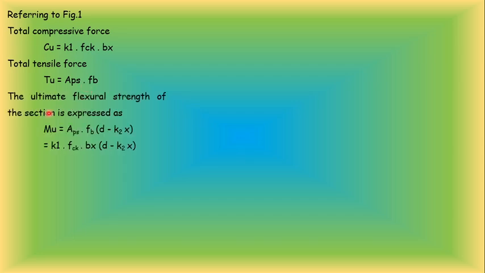Total tensile force Tu equals APS multiplied by FPB. The ultimate flexural strength of the section is expressed as Mu equals APS into FPB into bracket D minus K2 into X, or K1 into FCK into B into X into D minus K2 X.